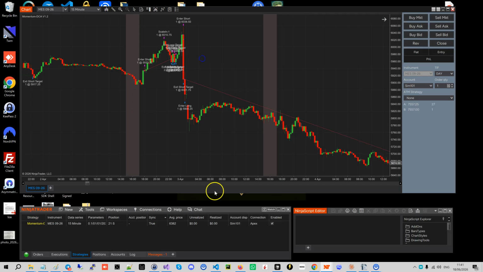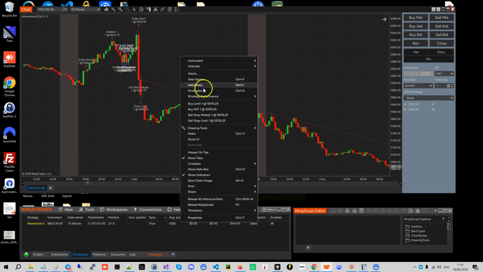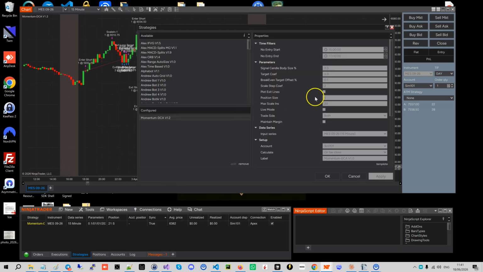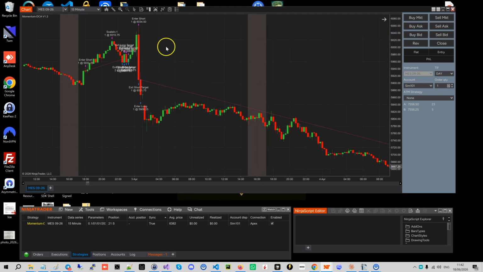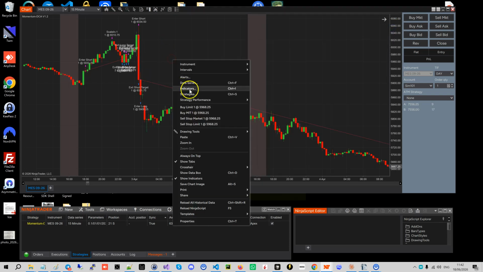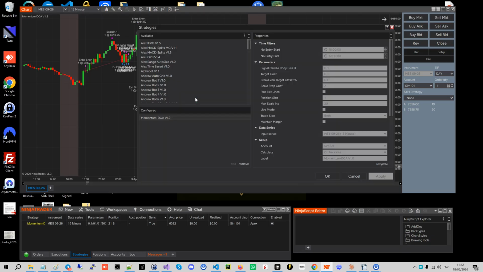Now, the strategy is that simple. Market goes down by a set value of percent that we set. So for instance here, we get a signal that goes down by 0.3% inside one candle, okay, we go long in anticipation that the market is going to bounce back and make some profit.